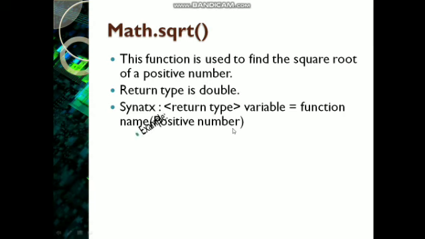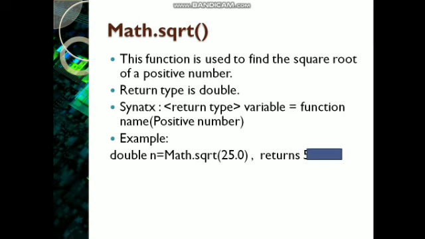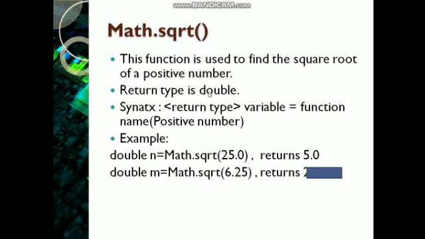We'll see the examples. Double n is equal to Math.sqrt of 25.0, and the square root of 25.0 is 5.0. You should write 5.0 itself, and if you write 5 it will be wrong because the Math.sqrt function returns the value in double. And we'll see the next example.